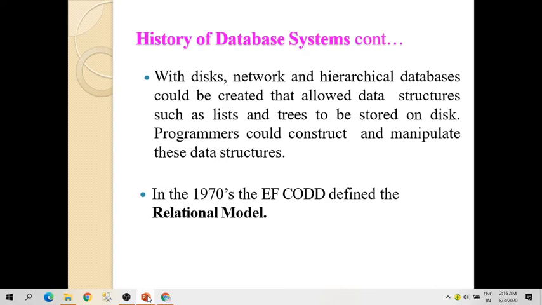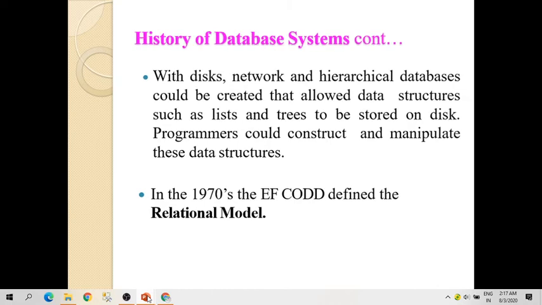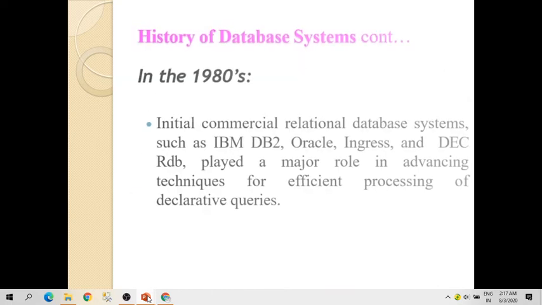Later, E.F. Codd published an important paper to propose the use of the relational database. Okay, the relational database model, and his idea changed the way people thought about databases.